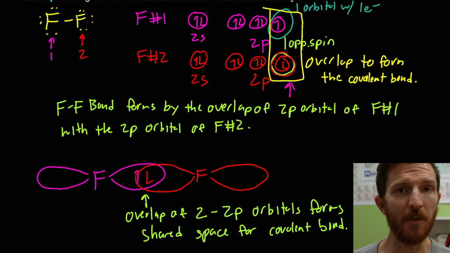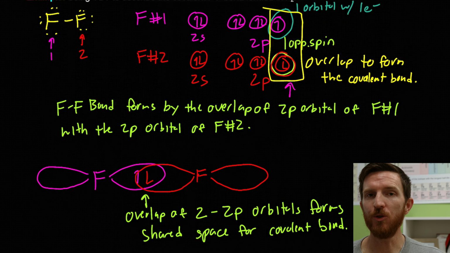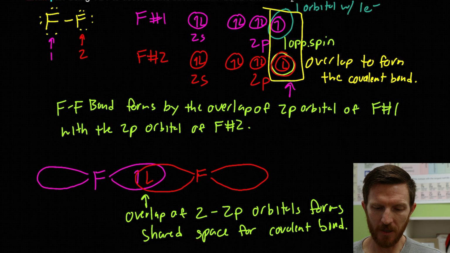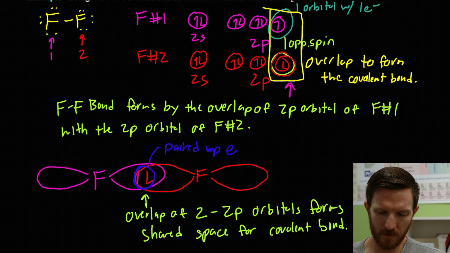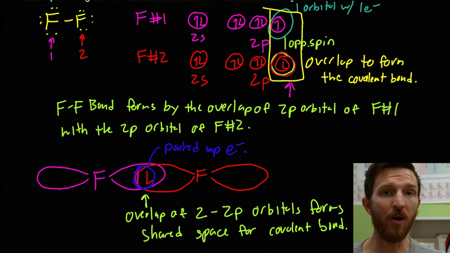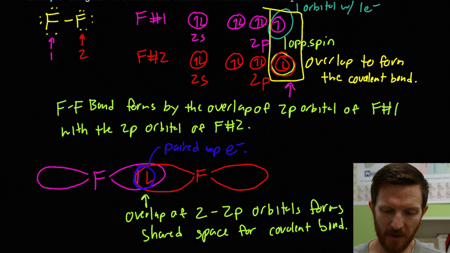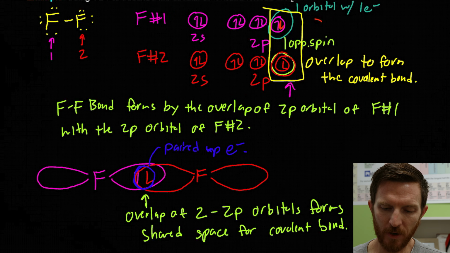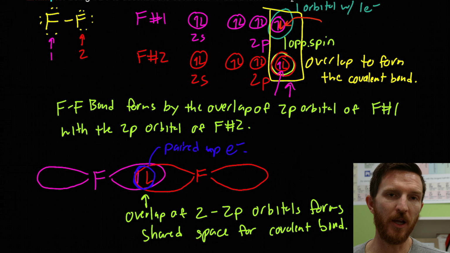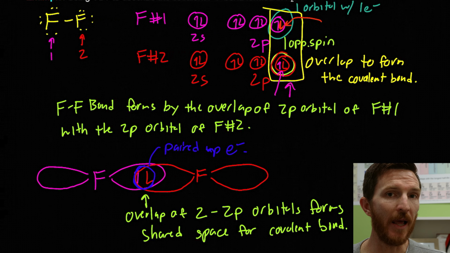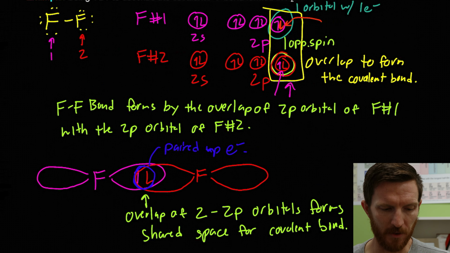This would be described by what we said earlier about the two orbitals that overlap, and now we've visualized it here. We've paired up those electrons. If we think of what each of these individual orbital diagrams might look like, I can think of this fluorine atom now seeing the other electron. Likewise, this second fluorine atom also sees the other electron, and now they both have a full octet as they've shared these electrons with each other.